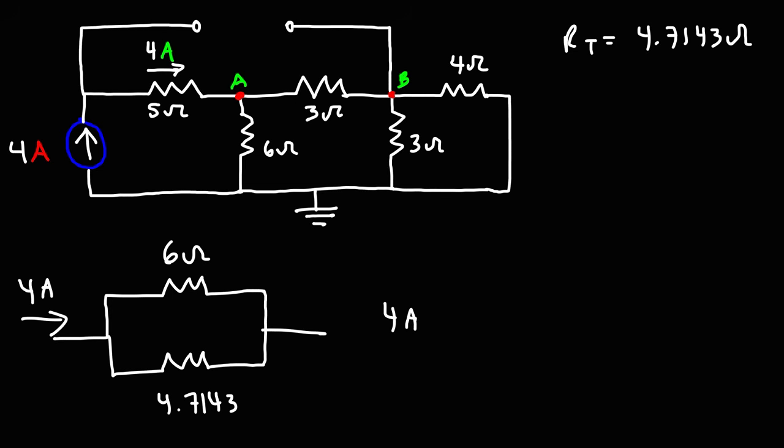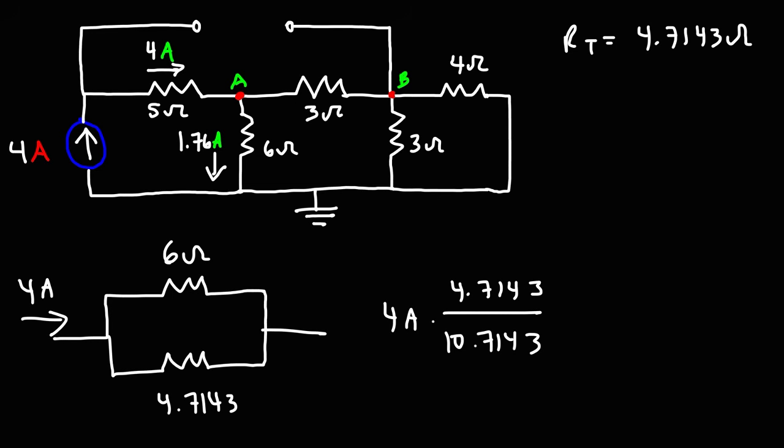So to calculate the current flowing through the 6 ohm resistor, it's going to be 4 times 4.7143 divided by the sum of those 2 resistors. So 6 plus that number, that's going to be 10.7143. So I got a current of 1.76 amps flowing through the 6 ohm resistor.